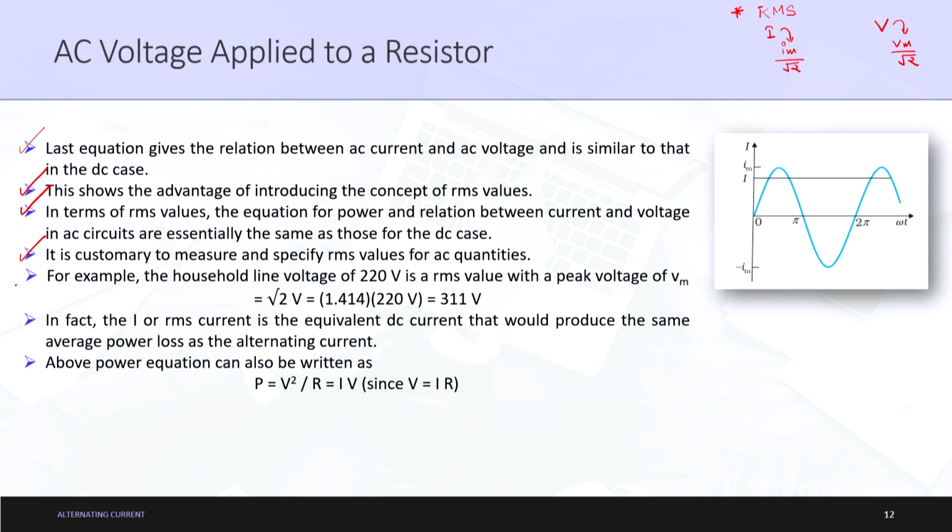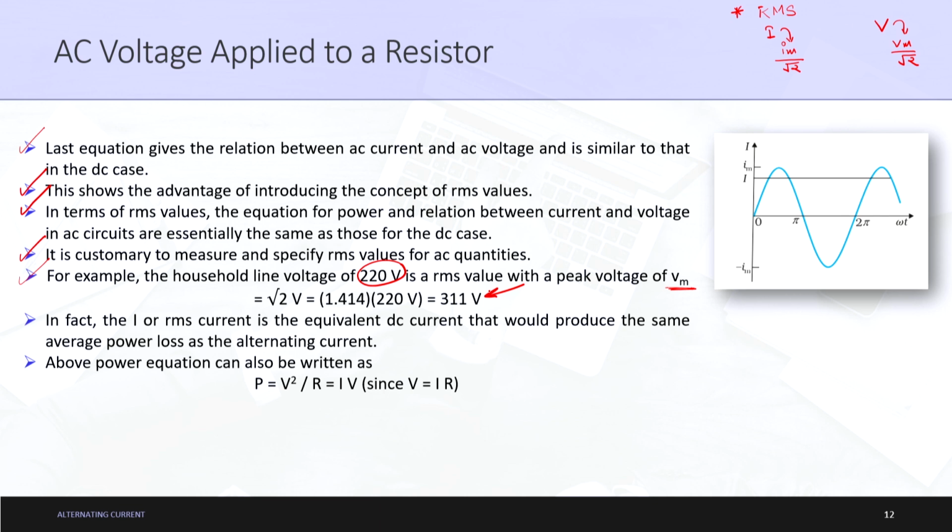Now let us try to understand one example in this line. For example, the household line voltage of 220 volts is an RMS value with a peak voltage of Vm. What does it mean? 220 volts is a denotation which we explain in the DC kind of criteria, but its actual peak value is root 2 times that, 311 volts.